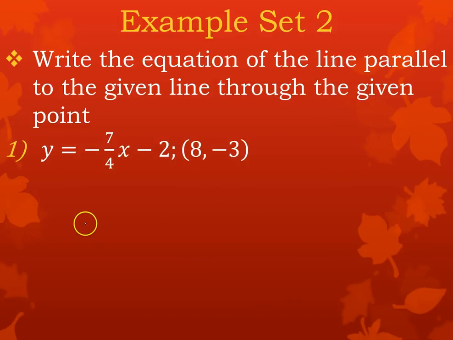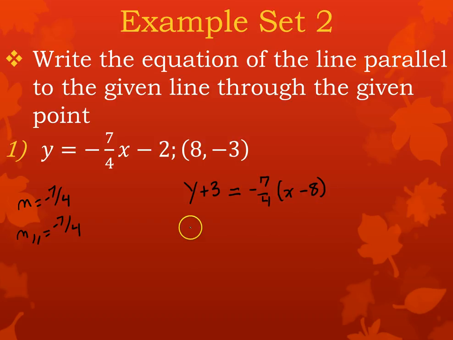So let's do this one together as well. My slope of this line is -7/4, which means my parallel slope is also -7/4. So I write my equation, y plus 3 equals -7/4 times x minus 8. The -7/4 goes into 8 nicely, so I can distribute.